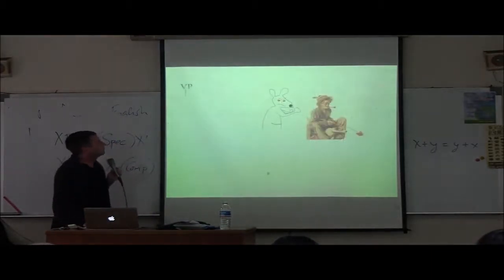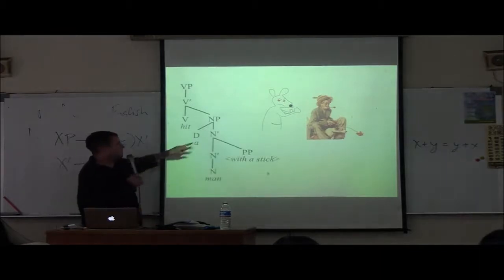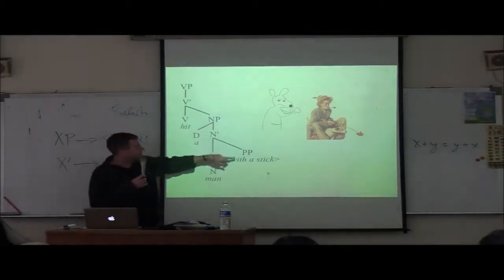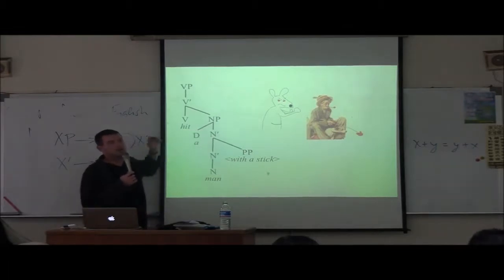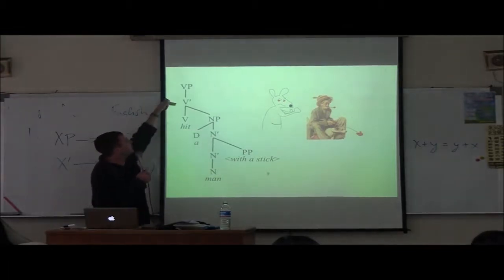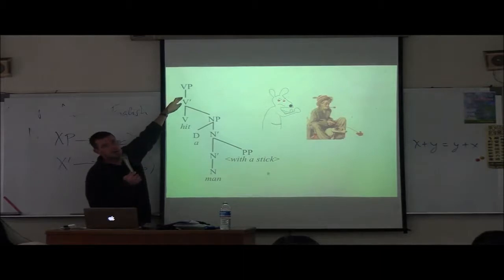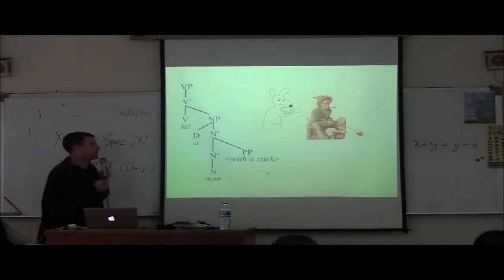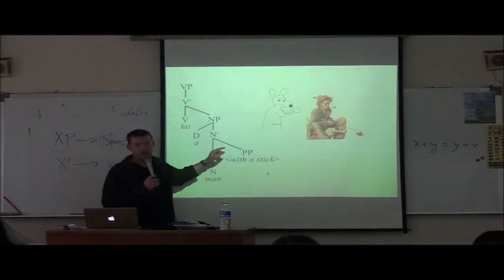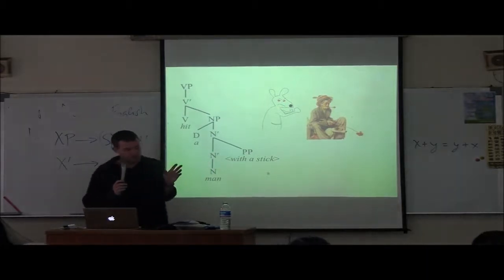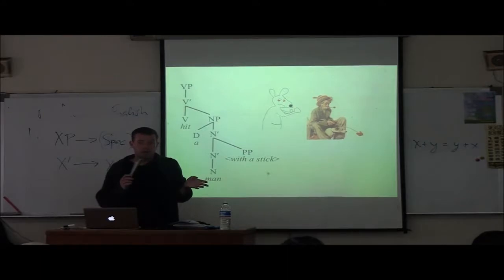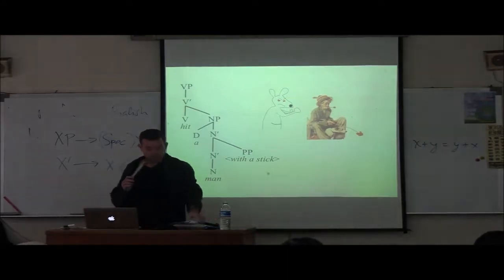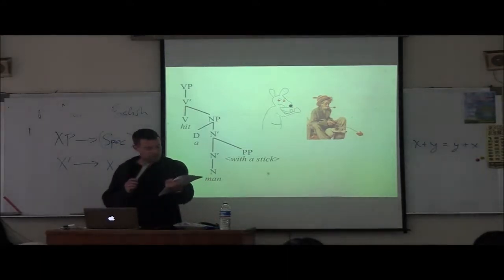Now, we don't need an extra V bar, we need an extra N bar, because with a stick is now the adjunct of the NP, and we only need one V bar in this VP because there are no adjuncts in that phrase. The only adjunct here is an adjunct of the NP. Okay? Questions?